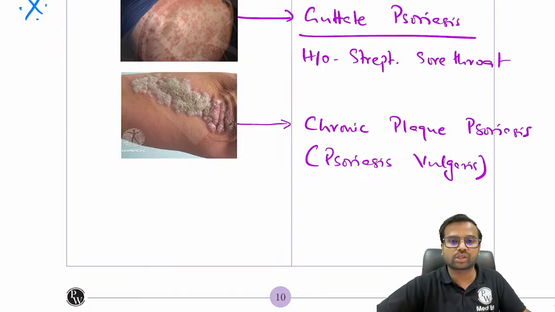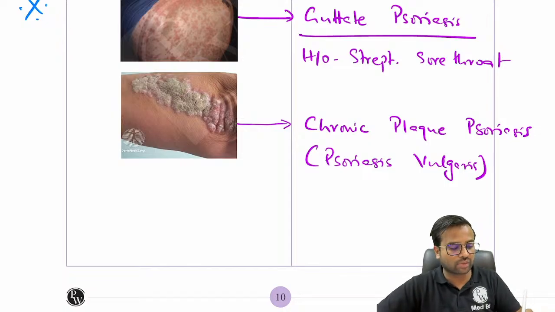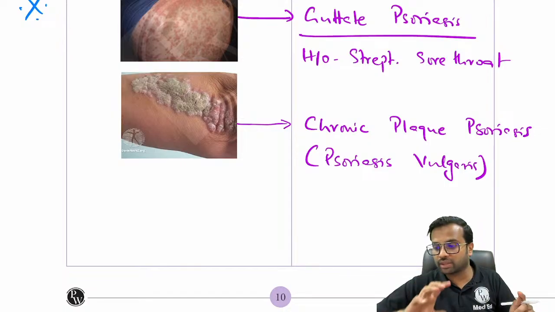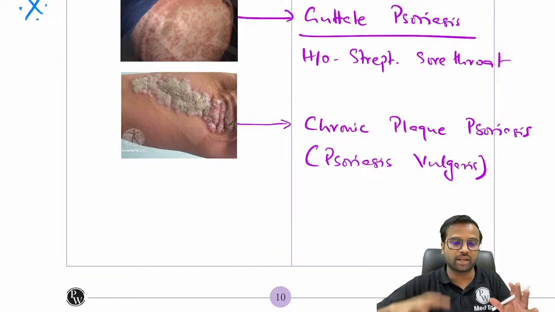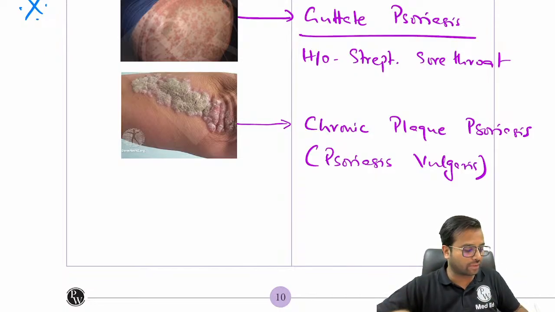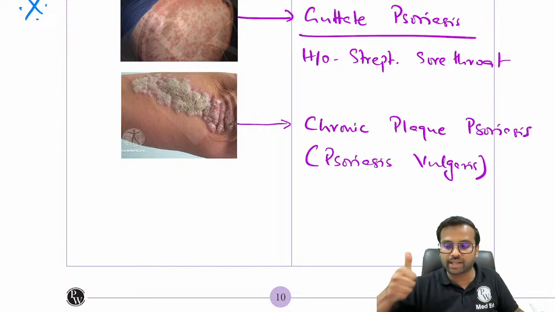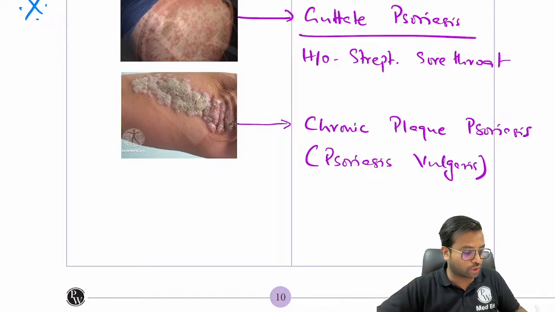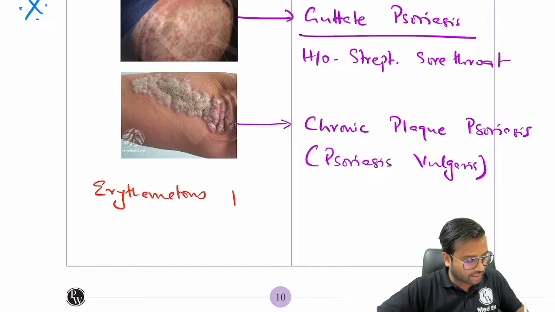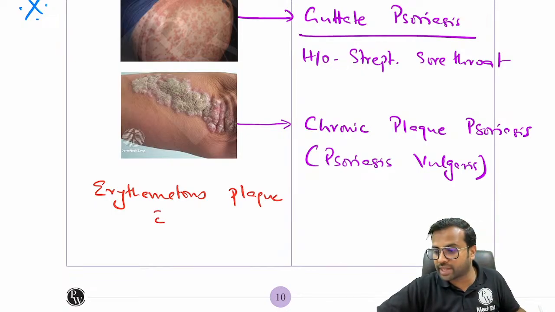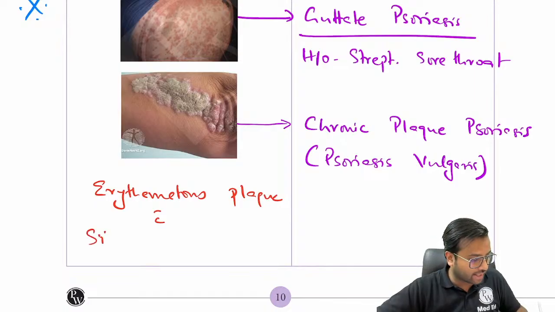Psoriasis vulgaris. Always remember, this is the typical presentation. Yes, all of you are answering extensor. Amazing, very good. You are right. And what about the color of the plaque? Yes, the plaque should be an erythematous plaque with what type of scaling? Yes, silvery white scaling.